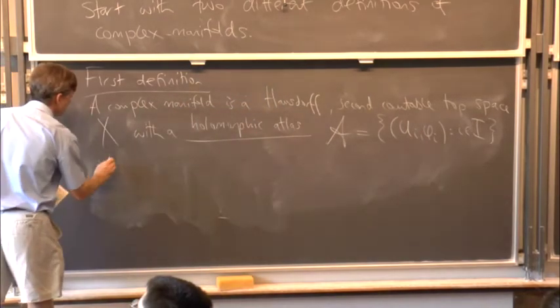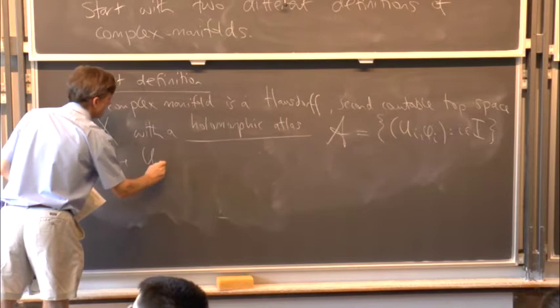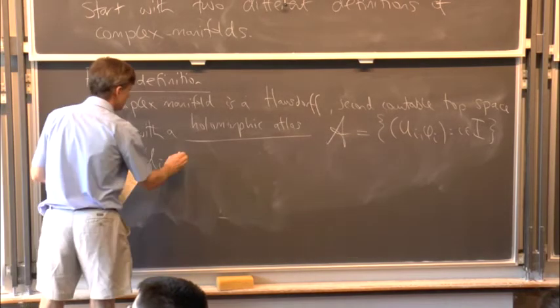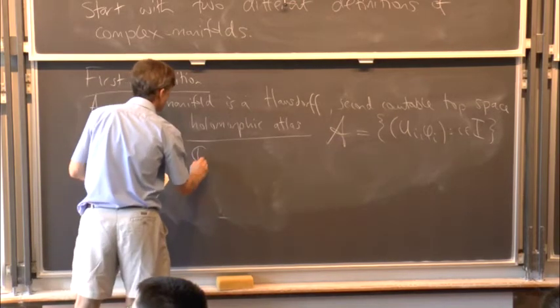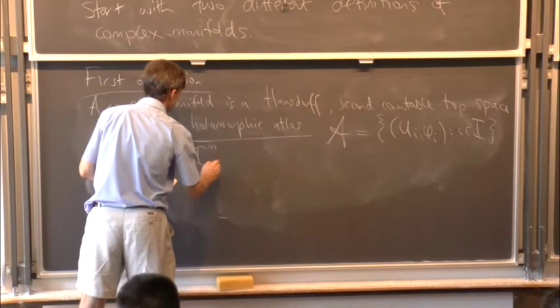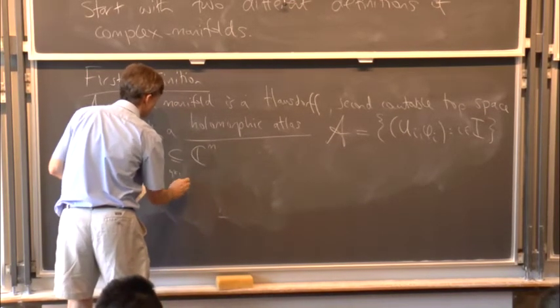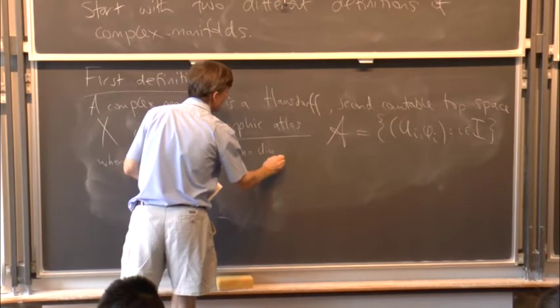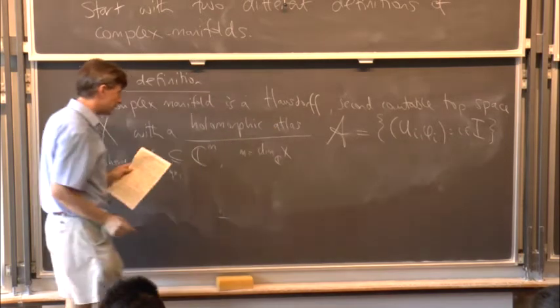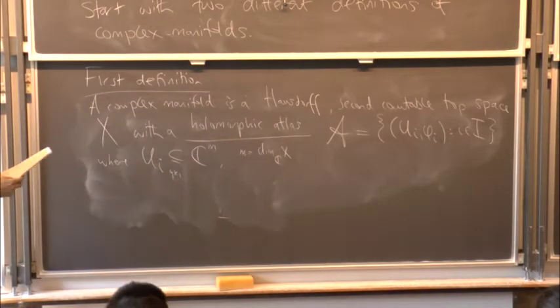So now U_i, instead of being in R^n, is going to be in C^m as an open set, where m is the complex dimension of X, some fixed natural number.